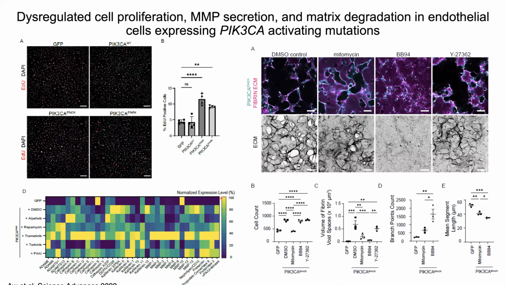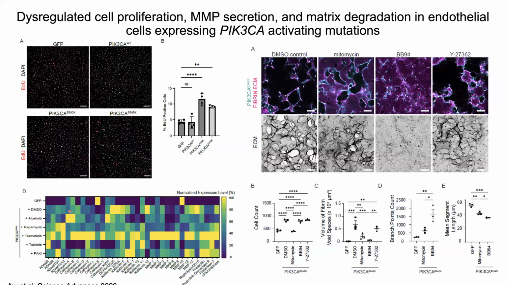So we characterize that a bit by doing a screen for MMP secretion, or just protease secretion, because we also include fibrinolysis proteins here. But you can see broadly that what we're looking at here is this PIK3CA 542 mutant, and these are a number of compounds that we test throughout the study.